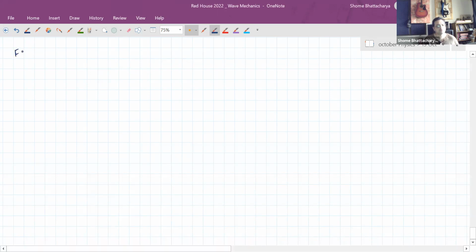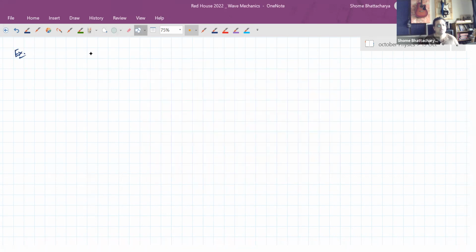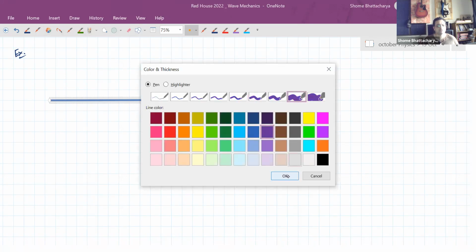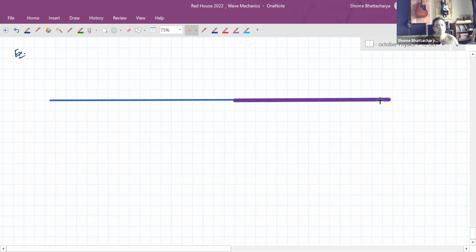So let's look at an example question like this. Now in this, we have a combination of two strings or two threads, which we have tied together in a knot at a particular point. So this is a comparatively lighter thread, and then we have a comparatively heavier thread, tied together like this.